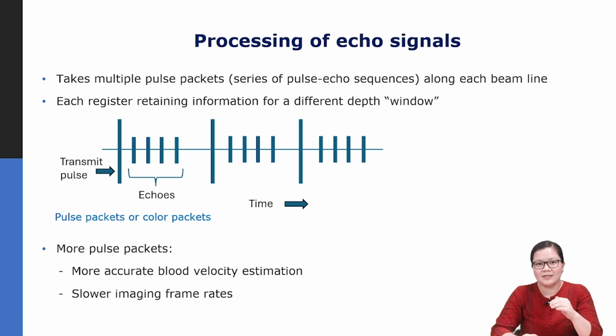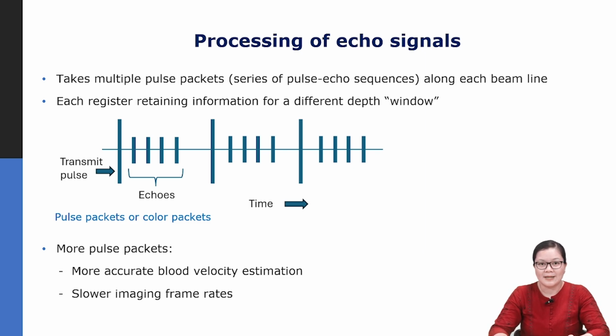You can imagine that a transmit signal is being sent to a particular lateral location, and it's going through a function of depth, and the echoes are being received at each individual depth. This pulse echo sequence is happening in order to assess the flow or the velocity of the scatterers inside that region of interest.